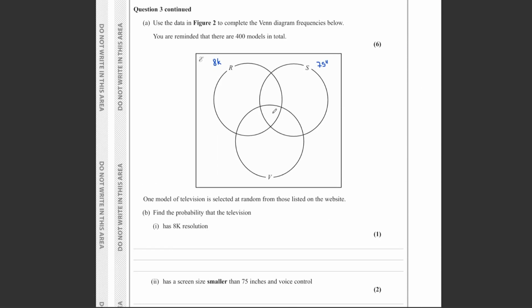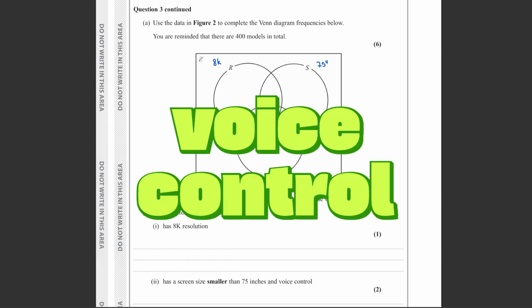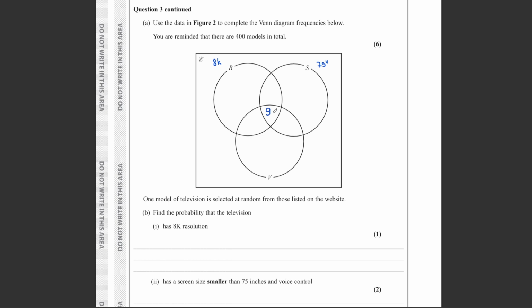Starting from the center, we have 9 models. Next, let's see the common part of the 8K resolution and the 75 inches. Total must be 16. So the remaining part will be 7.